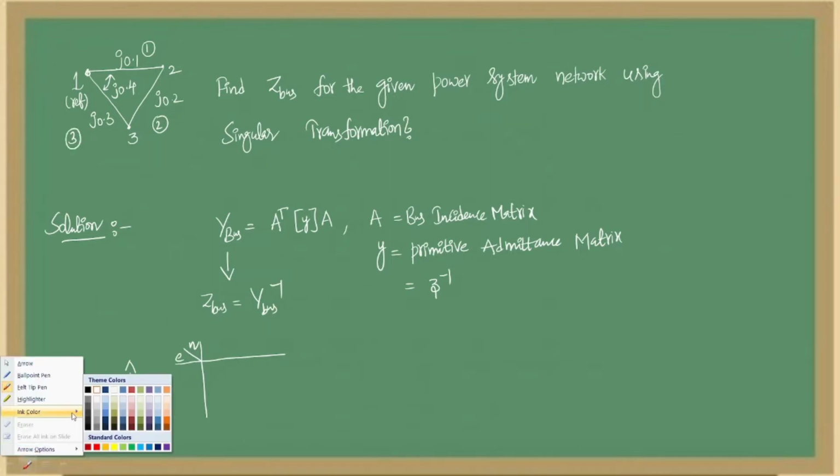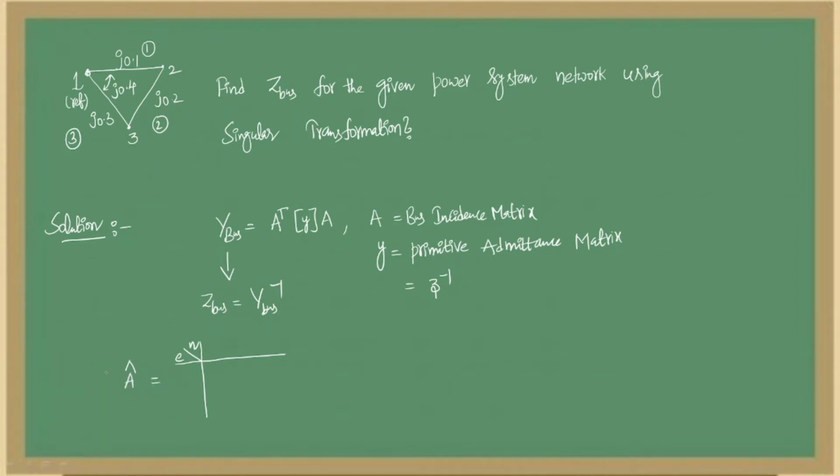Assign some direction to each and every element in order to find the element node incidence matrix. For the first element I am assigning this direction, for the second element this direction, and for the third element this direction. These are the directions we have assigned to each element in order to form the element node incidence matrix.